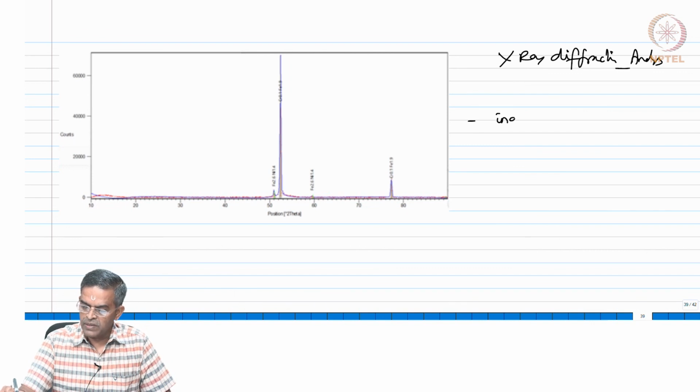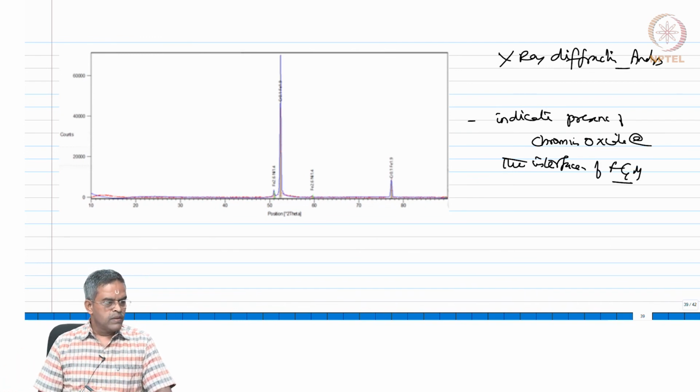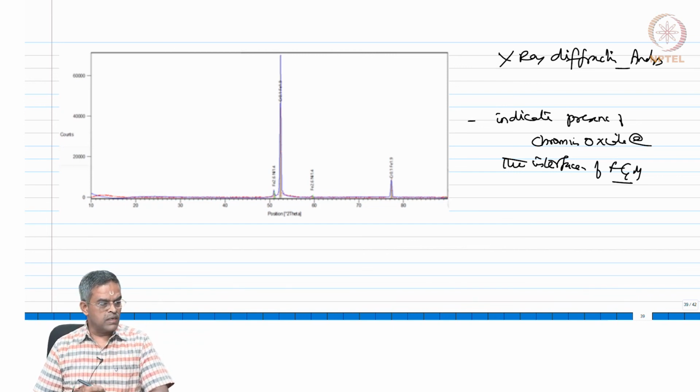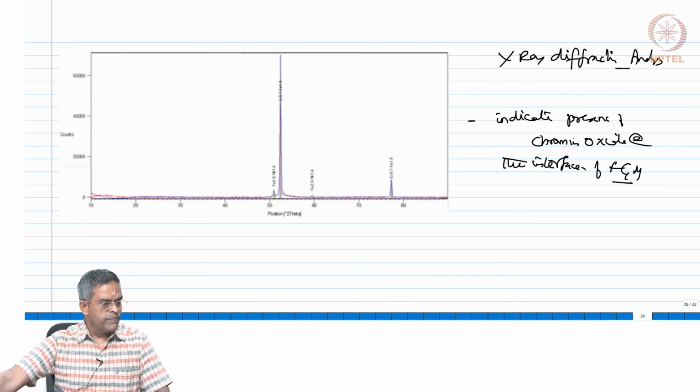So, it indicates the presence of FGM. So, the formation of chromium oxide gives duplex stainless steel its corrosion resistance, which is now available at the interface. Okay. So, that is the new material we have, which has got a comparative value.